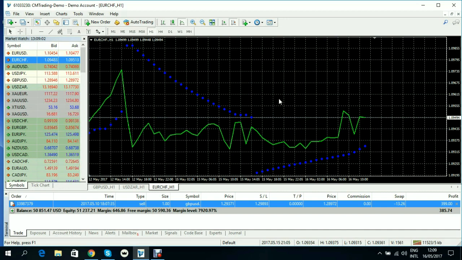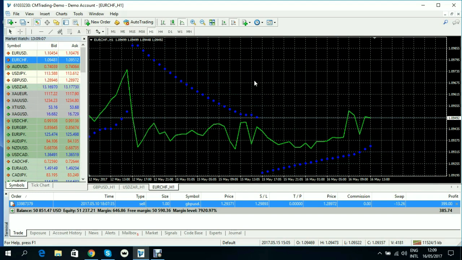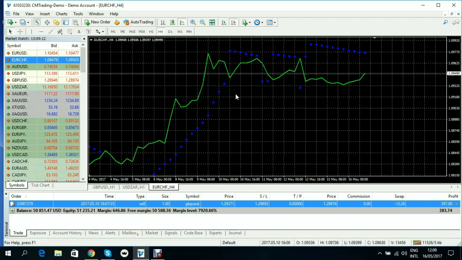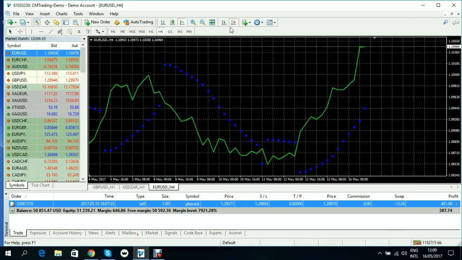So this is one thing that you have to also note about the parabolic SAR. If we go to 4 hours, let's change the pair. If we go to 4 hours, each dot here represents 4 hours, each of them. So you can imagine the number of hours that this trend has stayed, and even here.